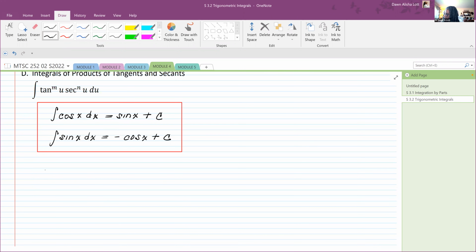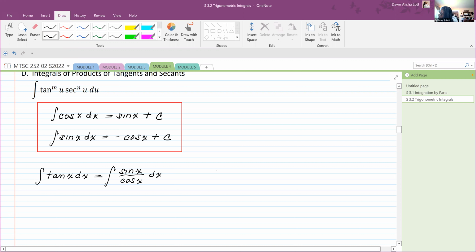So the integral of tangent of x dx, we wrote it as the integral of the sine of x over the cosine of x dx. And we let u equal cosine x and du equal negative sine of x dx.